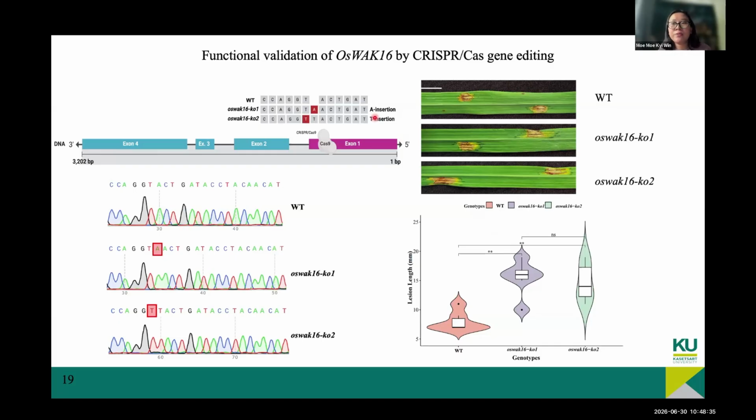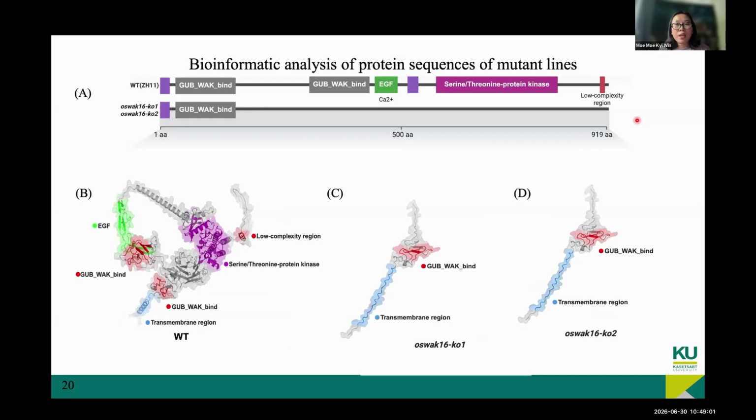We also looked at the phenotypes of these gene edited lines, and the disease symptoms show more severe or longer lesions compared to the wild type. This means knocking out WEX16 might give the plants a weaker response to XOC infection.